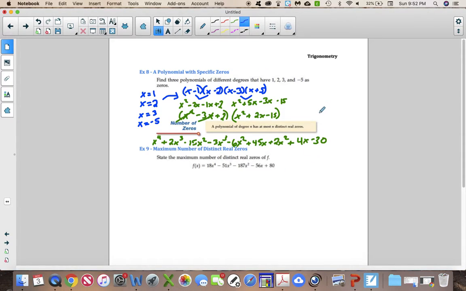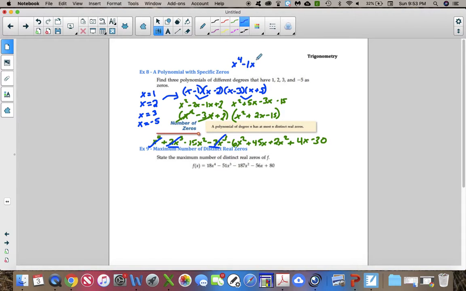So, I'm going to write the answer up here so I don't flood down into example 9. x to the fourth, I only have one of those. So I'm going to put him up here. He is done. And then x to the thirds, I have 2 minus 3, which is negative 1. And I think that is all. So negative 1x cubed.